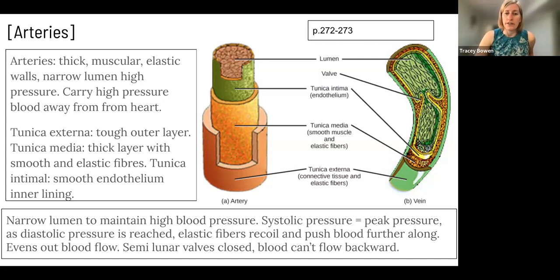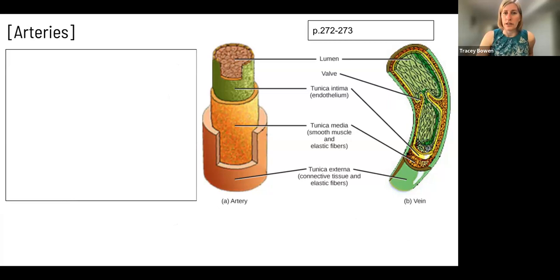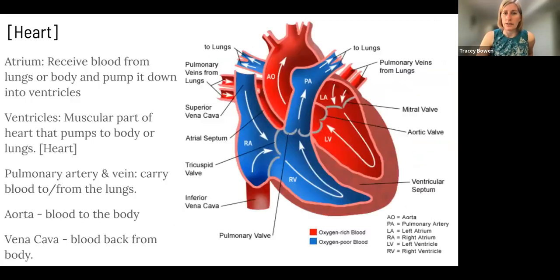When the semilunar valves are closed, blood can't flow backward. So actually, if we look here at the heart, we can see these valves here. These are the atrioventricular valves, and then here are the semilunar valves. These valves are to prevent backflow of blood. So the atrium contracts the blood down, and then those valves close before the ventricles contract out.